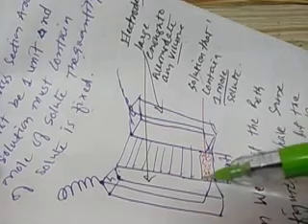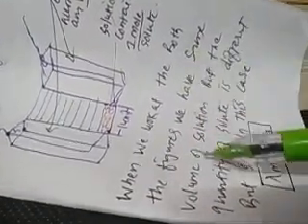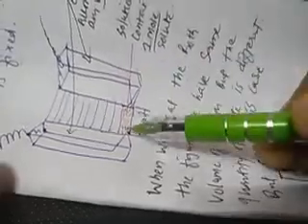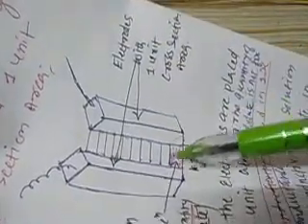You can see that this solution is placed at 1 unit distance. When we look at both the figures, we have the same volume of solution. You can see that this solution is also 1 centimeter cube. When you look at this figure, the volume we consider is 1 centimeter cube.